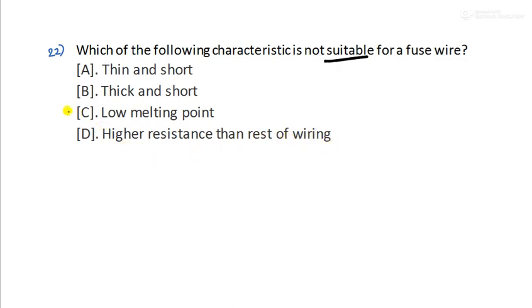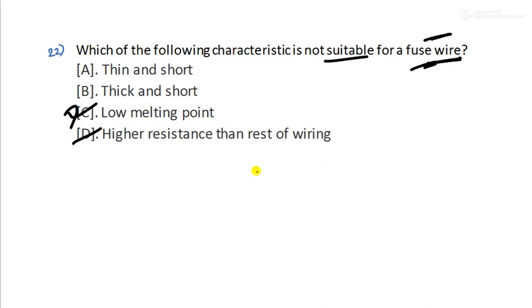So this is not suitable: low melting point. Actually, it should have high melting point. The fuse wire should have high melting point. Sorry, they have given fuse wire. I thought it was a bulb, like a filament. Yes. So the answer is this one, higher resistance than rest of the wiring.